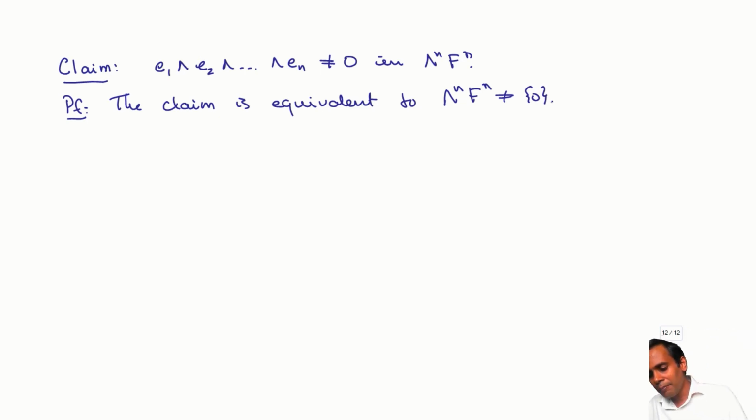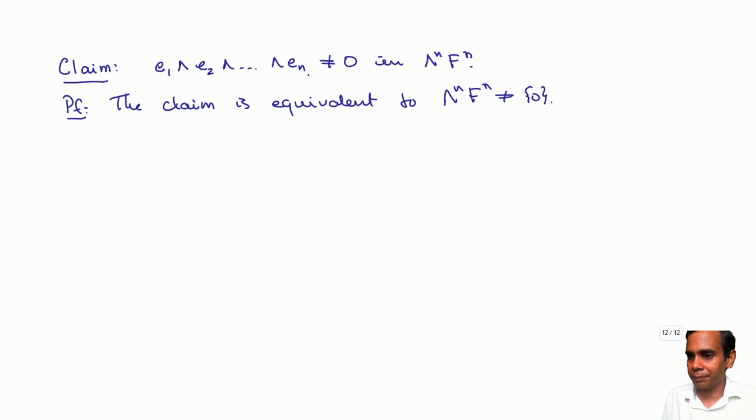Why is that? Because we know that wedge n F^n is spanned by this vector E_1 wedge E_2 wedge E_n. We saw that in the previous lemma. So if this vector is 0, then wedge n F^n will be 0. So this claim is equivalent to showing that wedge n F^n is not 0.